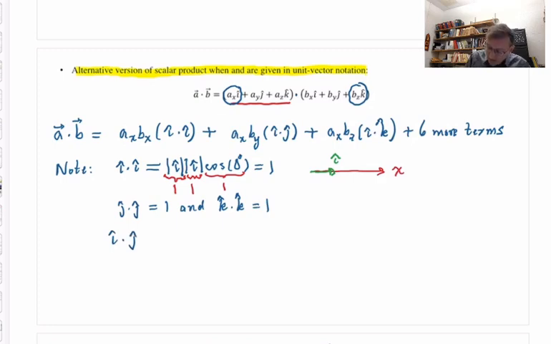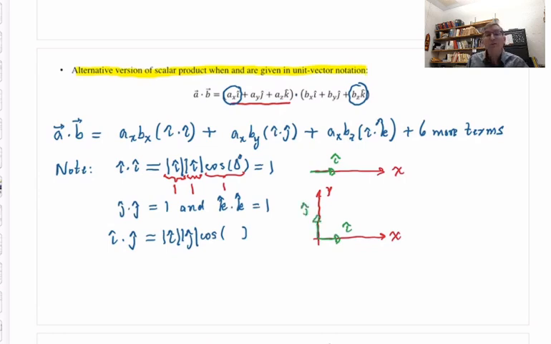Well, let's work out the scalar product. That's the magnitude of the first vector, magnitude i hat, times the magnitude of the second vector, magnitude j hat, times the cosine of the angle between them when they're drawn with a common tail. Now let me draw an x-axis going to the right and a y-axis going up, because i hat points in the plus x direction, but j hat points in the plus y direction, right?